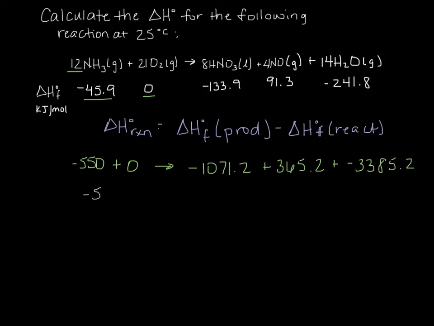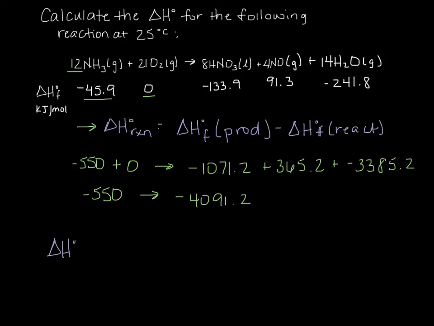So now I'm going to add my reactants and my products up. So this is going to be negative 550. And for my products, I'm going to get negative 4,091.2. Now that I've done all that math, I'm just going to simply plug and chug into this equation right here. So let's change colors one more time.